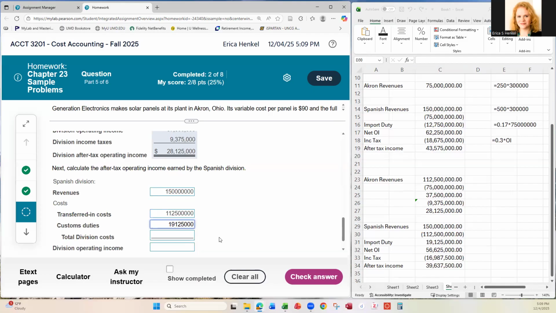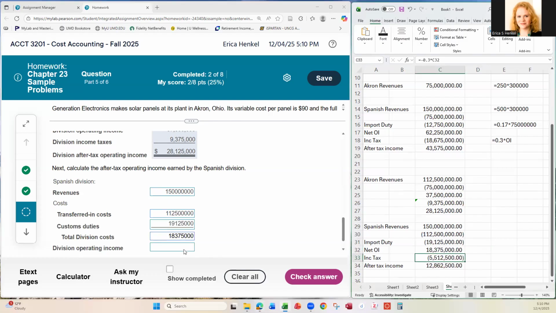19,125,000, netting us, oh, I have to make that one negative too. Why is that not coming in as negative? Oh, because I linked it and it's a negative. That's fine. All right. So 18,375,000. And then that gets us to tax.